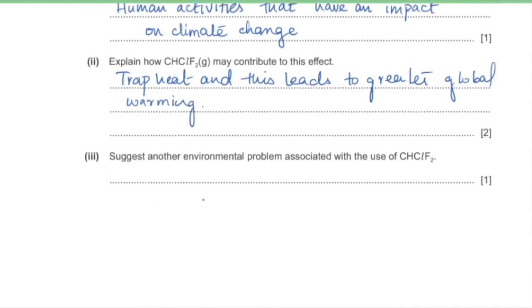Part 3 suggests another environmental problem associated with the use of CHClF2. So CHClF2 can also cause ozone depletion. That is, some of its radicals will be reacting with ozone and will be creating those holes in the ozone.